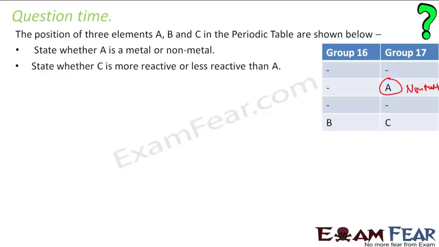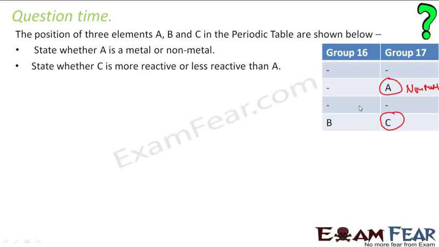Second, is C more reactive or less reactive than A? If you have to compare C and A, C is bigger than A and they are non-metals. So as told, the non-metallic character decreases, right?